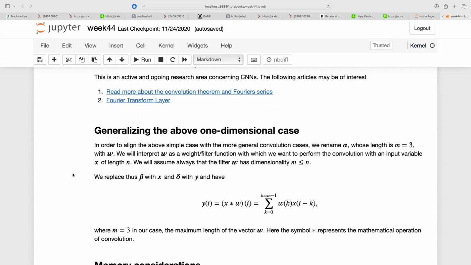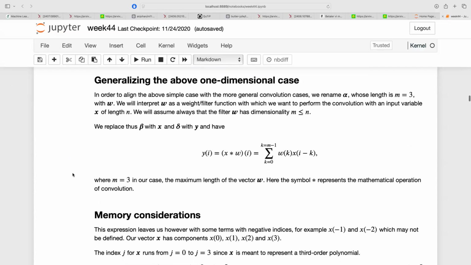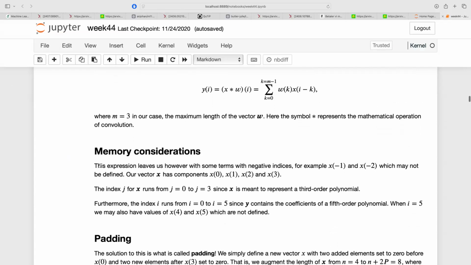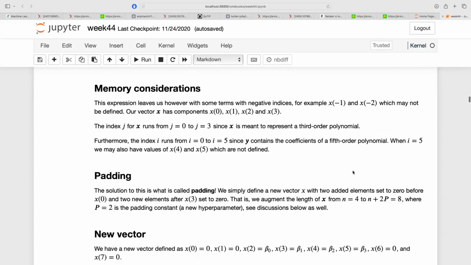So if we now look at what we said, what you will find in the slides here is just a repetition of what we did. As you saw, if we just take this expression here, that leaves us with some terms with negative indices, which may not be defined. And padding then came into play, and we added two values to the left and two values to the right.